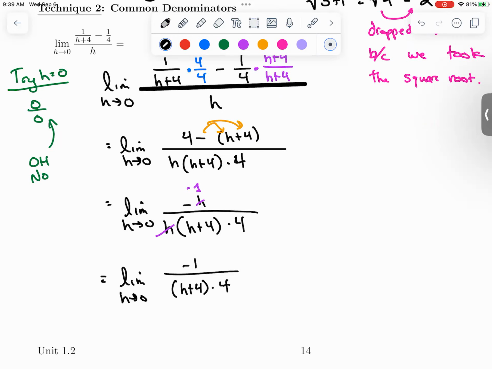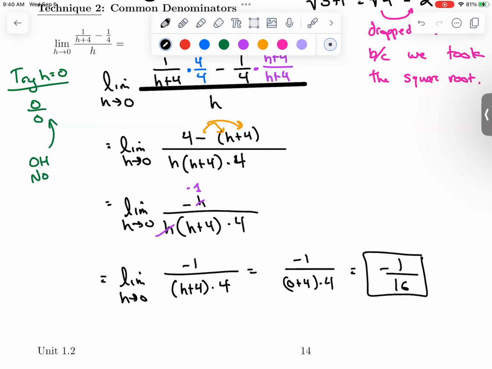And now, looking at it, I don't foresee any issues coming in when I plug in 0 for h, right? Because I'm not going to get 0 in the denominator. Like my denominator is not going to be 0. I'm plugging in h equals 0. So 0 plus 4 times 4. So that should be -1 over 0 plus 4 times 4, which is -1/16.